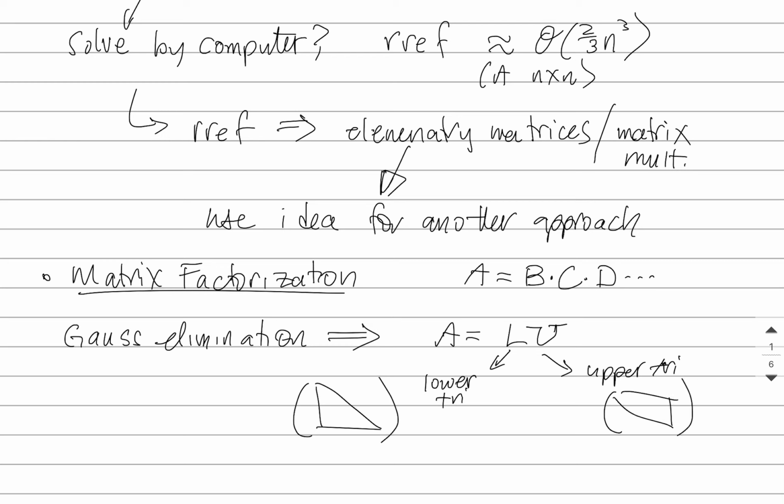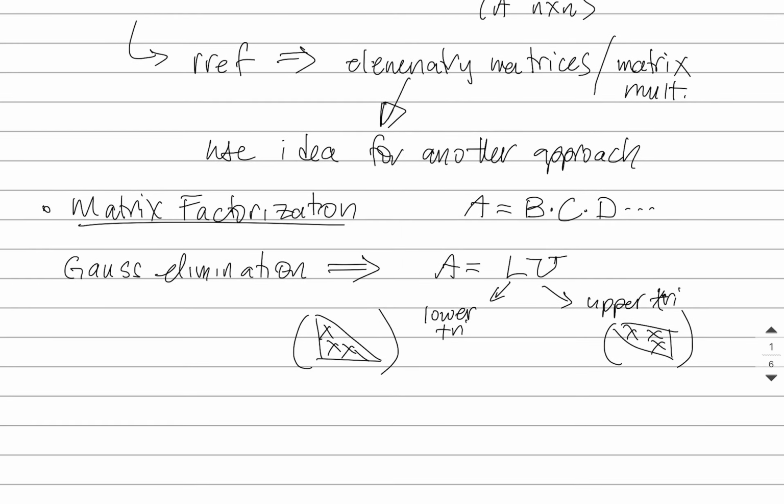Now, we've discussed lower and upper triangular matrices before, but effectively it's a statement on their non-zero values. Any non-zero values that appear in a lower triangular matrix are either on the diagonal or below the diagonal, and any non-zero numbers in an upper triangular matrix are either on the diagonal or above it. So this is going to be our goal.